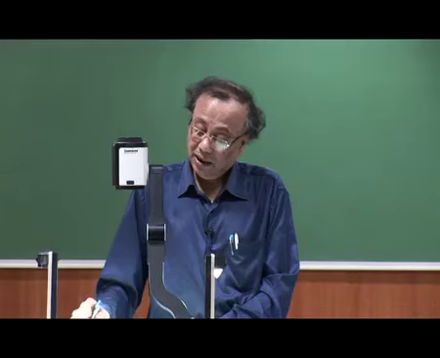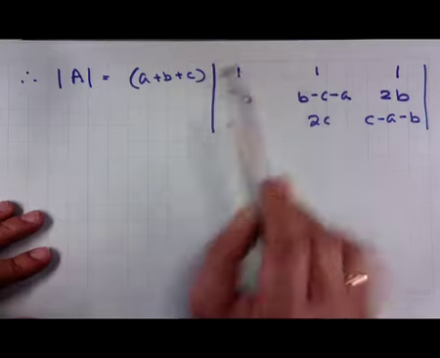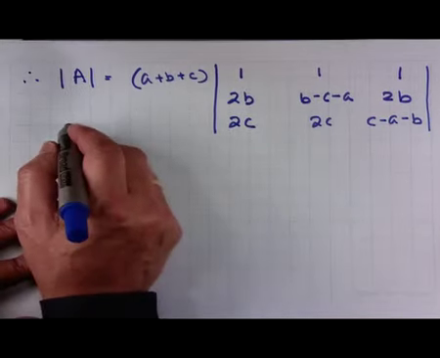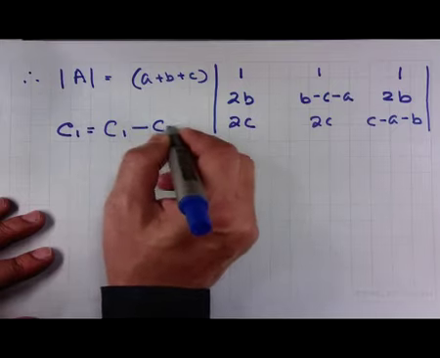How will I do that? I will subtract column 3 from column 1. Therefore, C1 is equal to C1 minus C3.